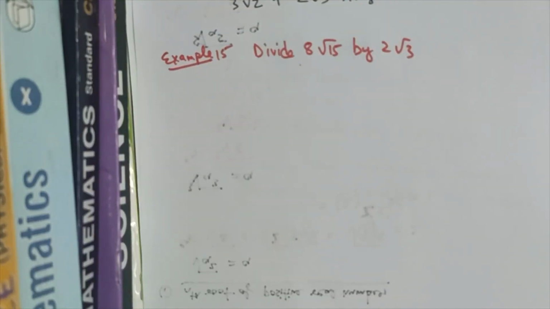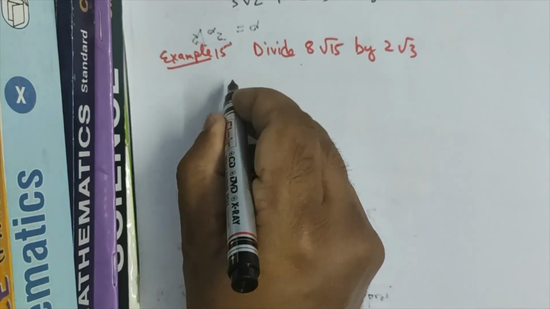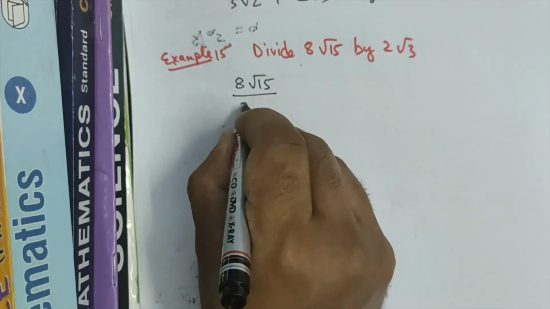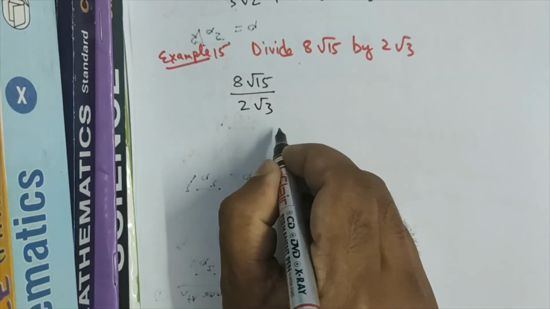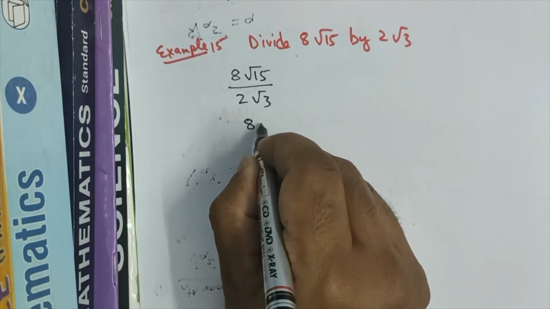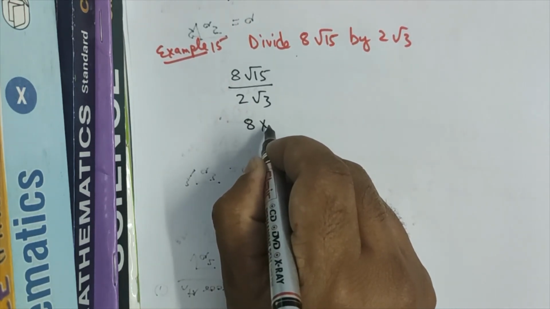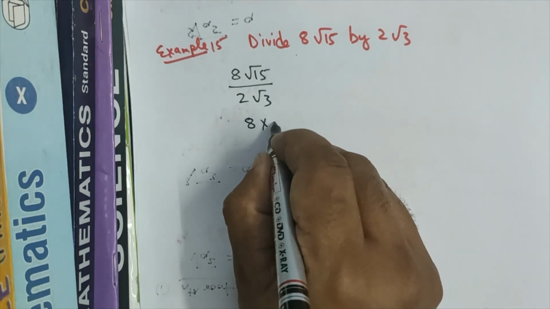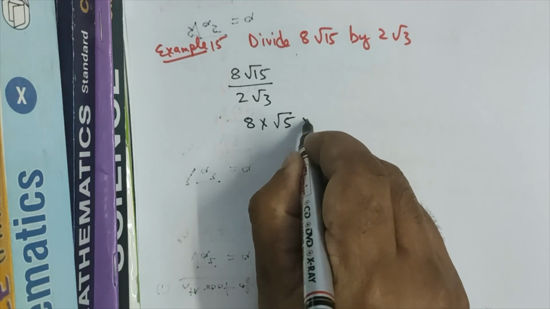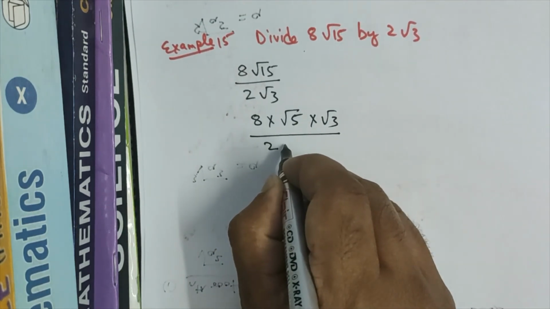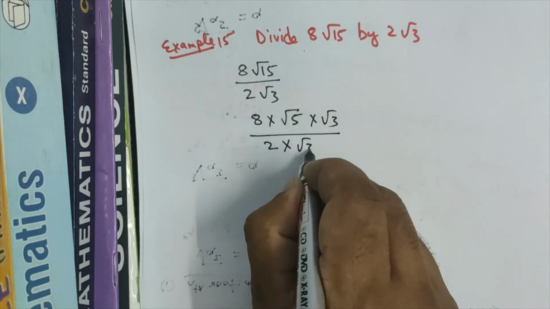Divide 8 root 15 by 2 root 3. So it can be written as 8 root 15 upon 2 root 3. Root 15 can be written as root 5 into root 3, since 15 is the product of 5 and 3, upon 2 into root 3.